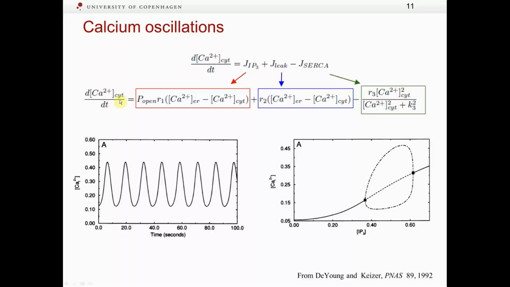Altogether, this simple model can produce spontaneous oscillations in the cytoplasmic calcium concentration. As shown in this diagram, the system will be stable for a certain range of IP3 and for a certain cytoplasmic calcium concentration, whereas there's another range here where the system is unstable and displays a limit cycle corresponding to this situation here.